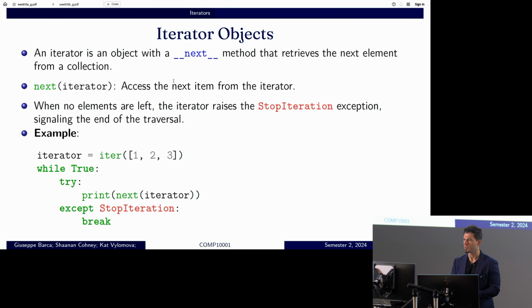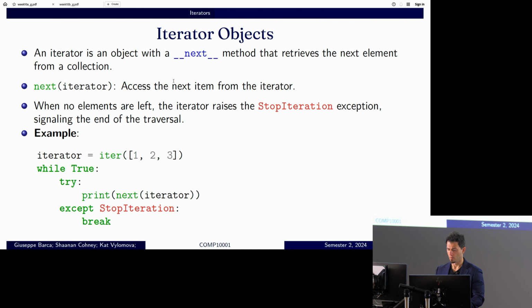It really depends on the implementation of our iterator. But that is the signal that I finished my container, right? And I cannot go back because, again, the iterator traverses only in one direction.